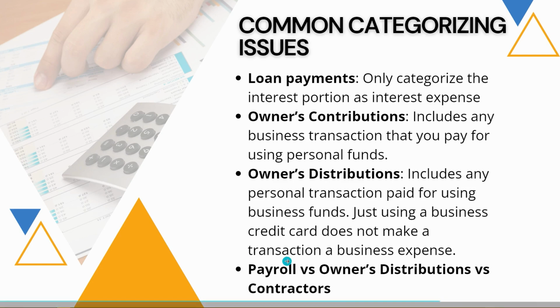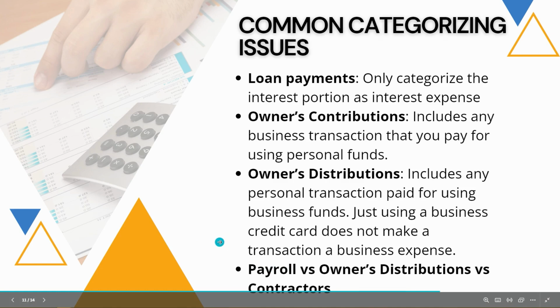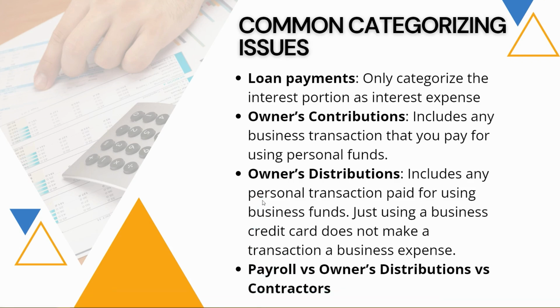Okay. And then if you have other employees that you're paying, then those types of expenses and costs would be under normal payroll. And then you have contractors. Contractors are not official employees of the business. They don't receive W-2s, they receive 1099s.